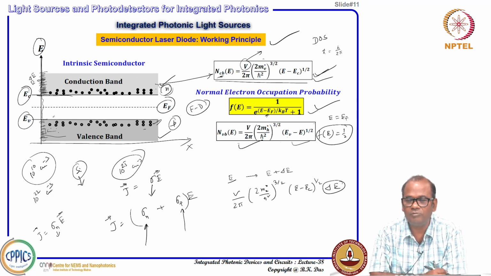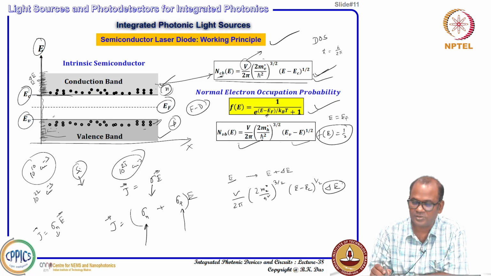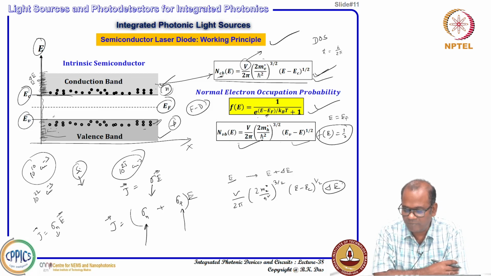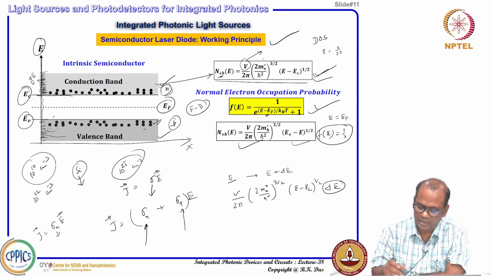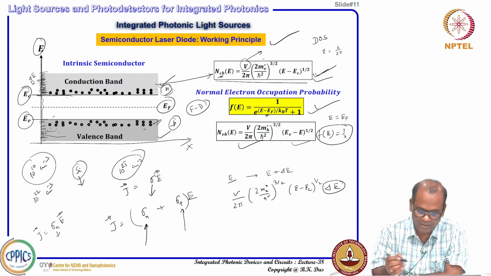So, that is the energy level we define as a reference where the occupation probability is a half. Sometimes it is called chemical potential, but in semiconductors it is mostly known as the Fermi energy level. Okay. So, the energy levels available, and how many electrons can occupy them, can also be expressed.